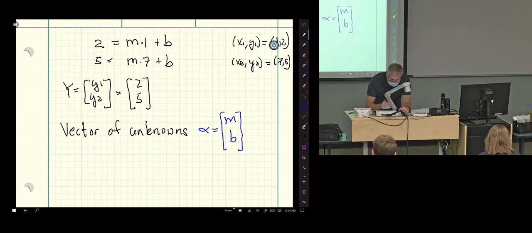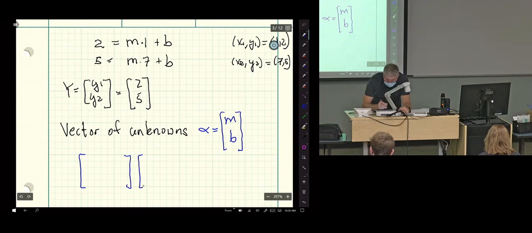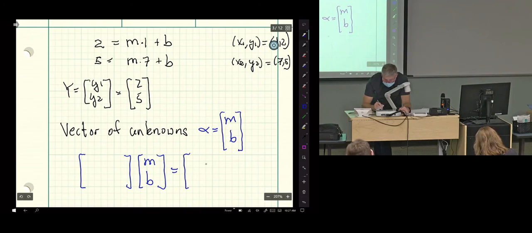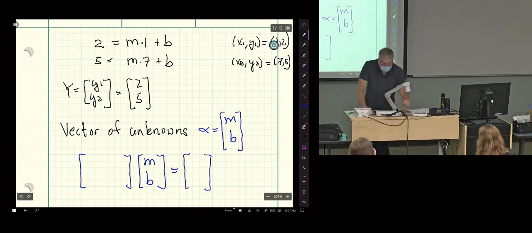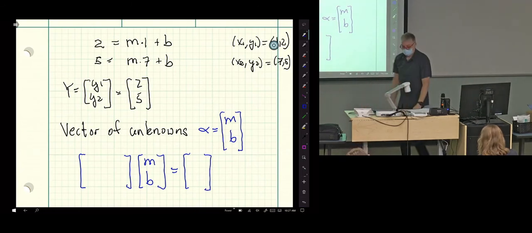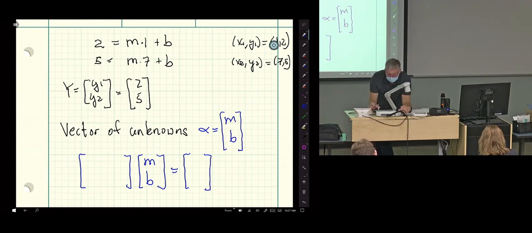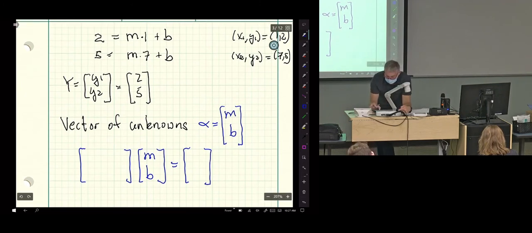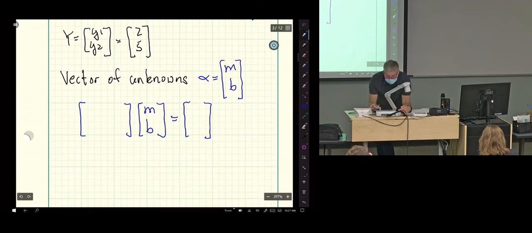So here are our equations. I'm going to write them as a matrix times the unknowns equals a set of constants, just like we've always done before. Okay, so let me get these down.